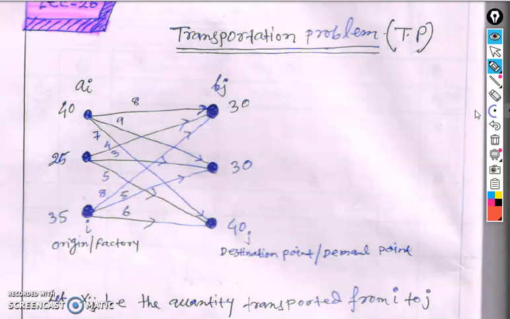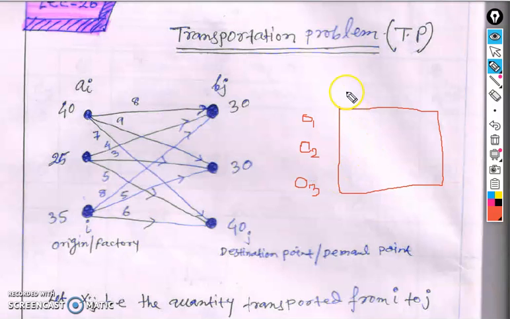If we draw a matrix for this particular problem, this one is origin 1, this one is origin 2, the second origin or factory, and this one represents the third origin.